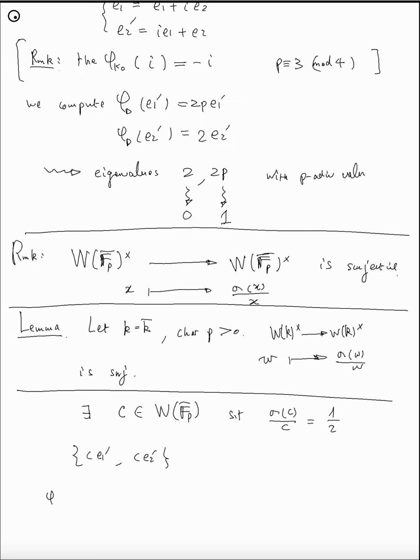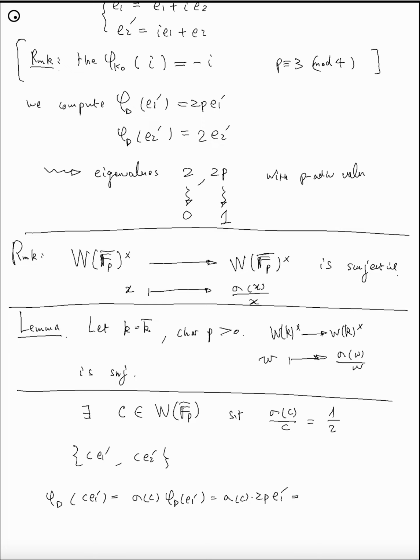Then phi_D of C E1 prime, this is semi-linear, equals sigma of C times 2p E1 prime.